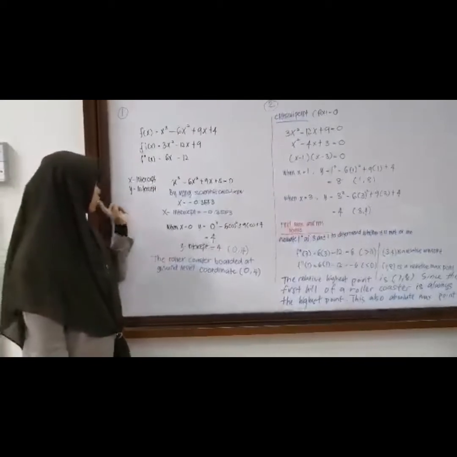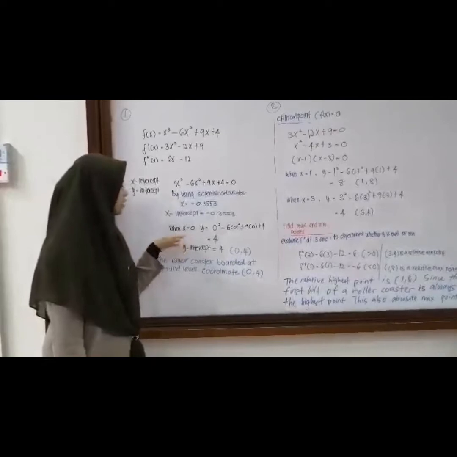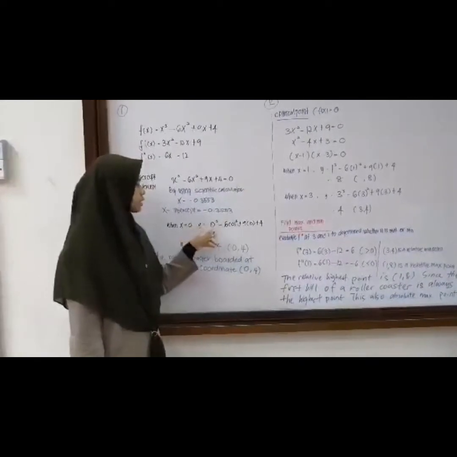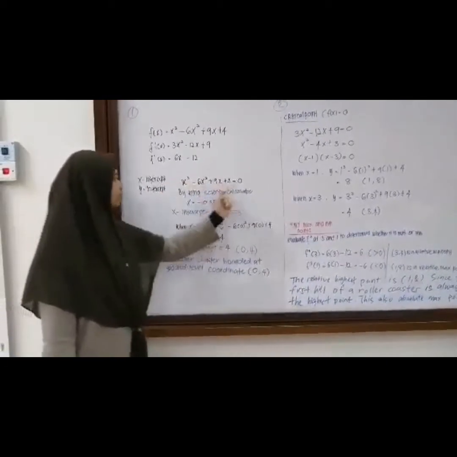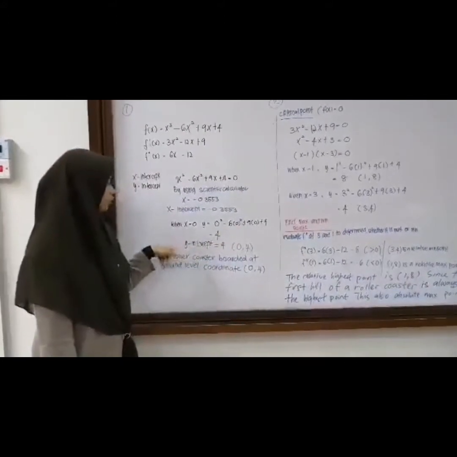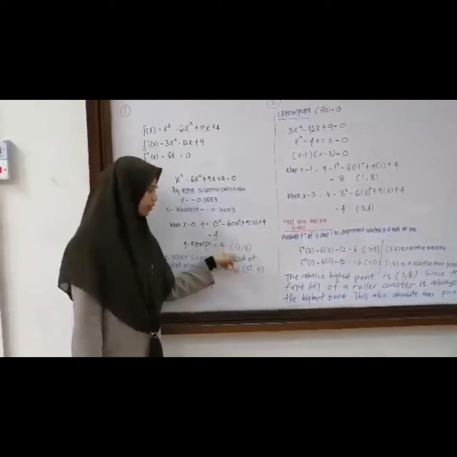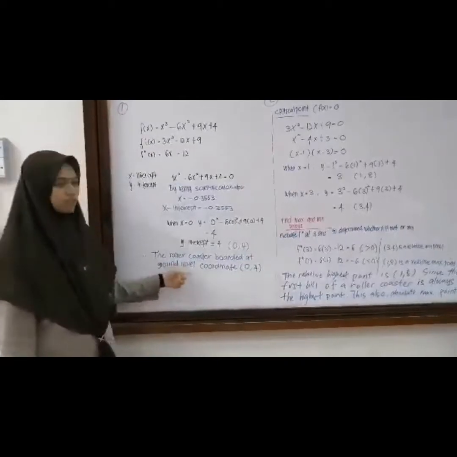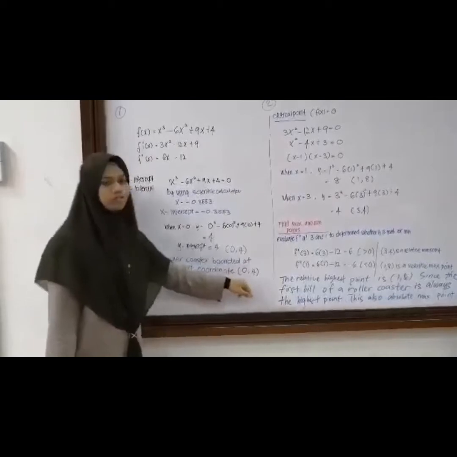When we find the y-intercept, we use x equal to 0, and we substitute 0 in this equation, and we will get 4. For the y-intercept, we will get 4, and the coordinate is (0, 4). The roller coaster was at ground level, coordinate (0, 4).